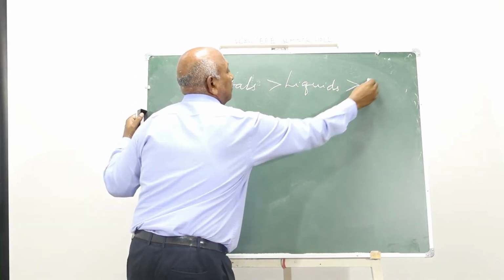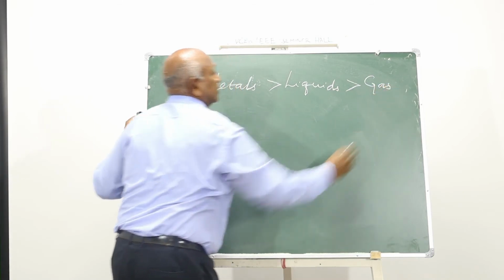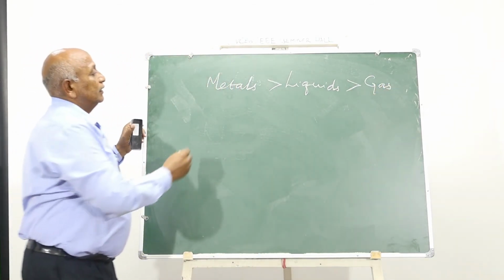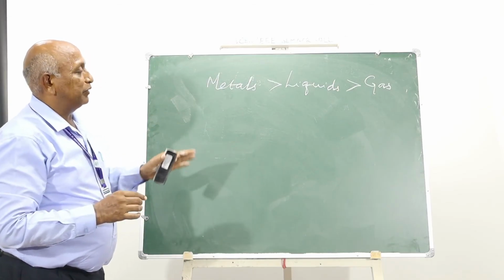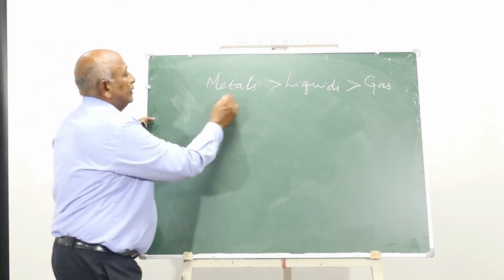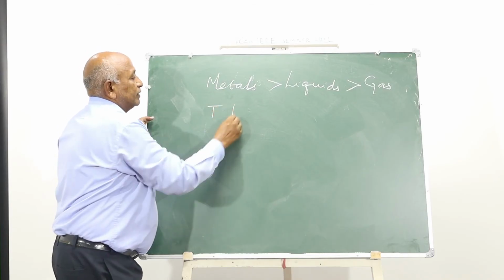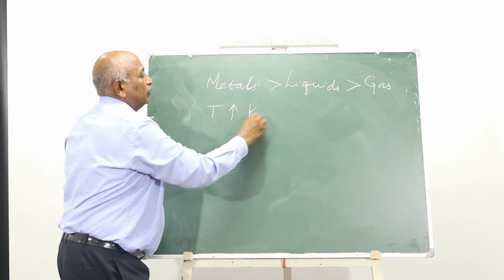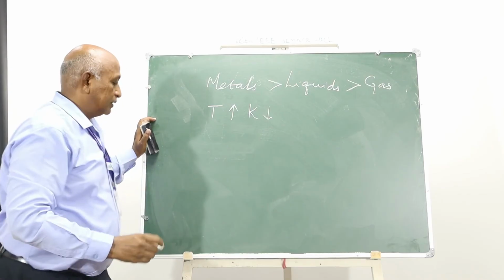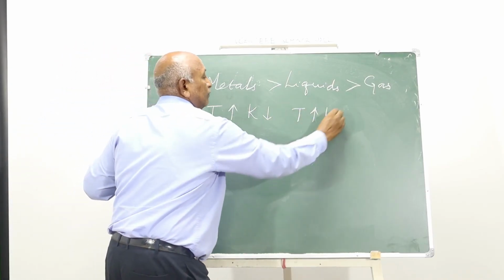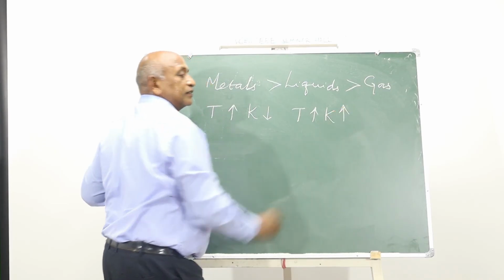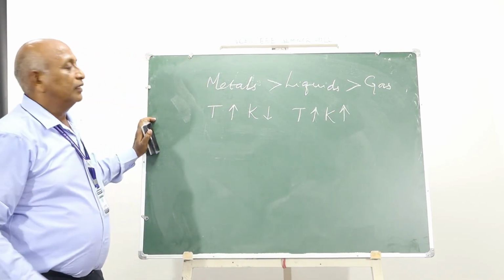Liquids have more thermal conductivity value than gas. Next I will tell you how the K value changes with respect to change in temperature. For metals, if temperature increases, the K value decreases. Whereas in liquids and gas, when temperature increases, the K value increases.